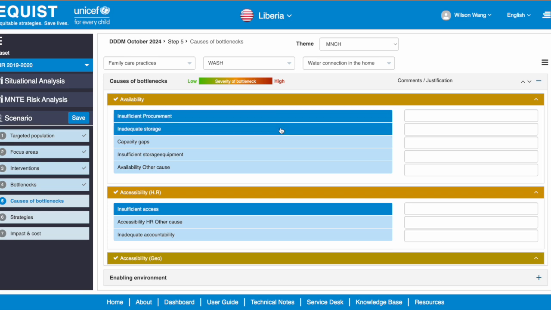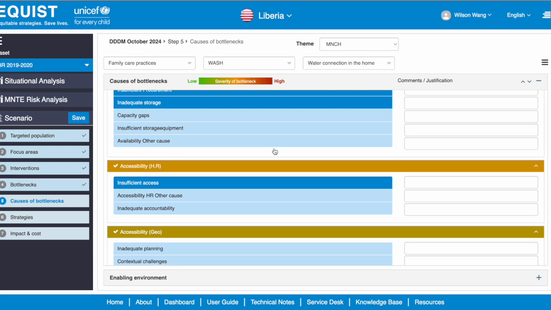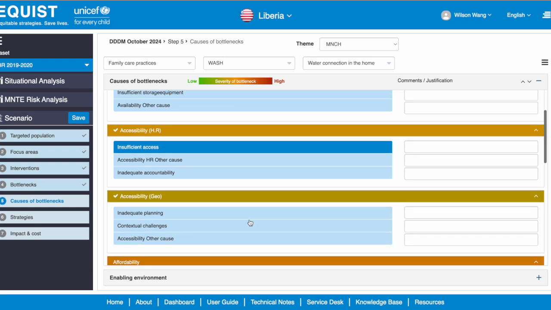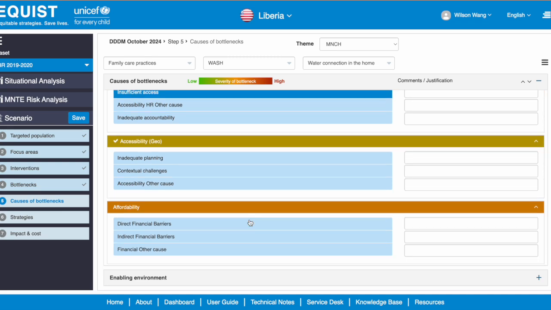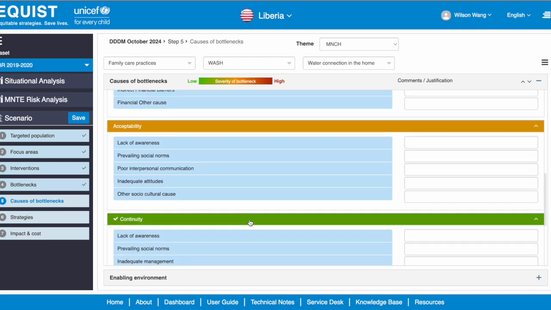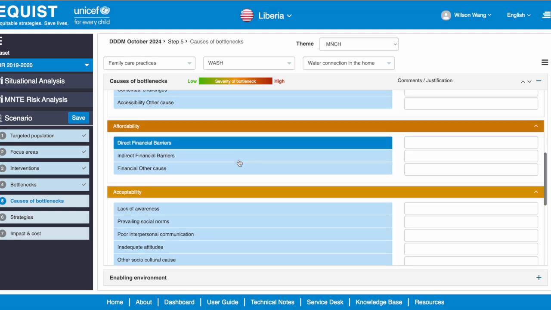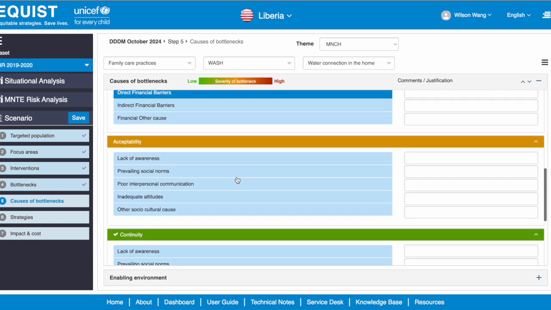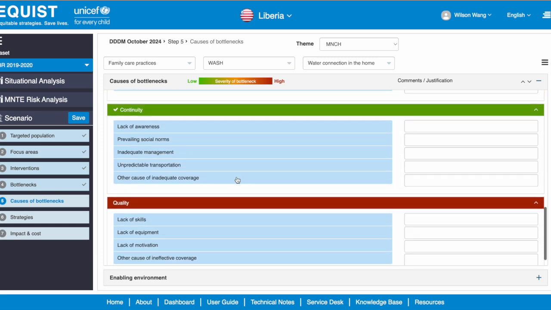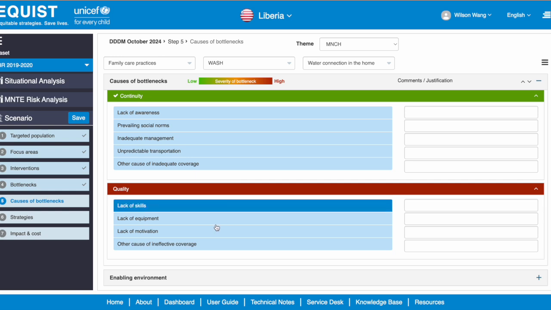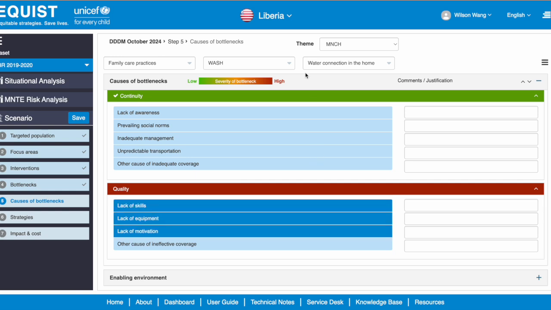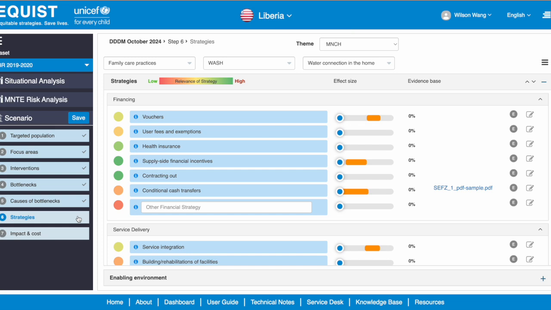So your intervention is not only to do the thing that you want to do, like build the drains or pipe in water, but you have to address what would be those challenges specifically that get in the way of that, such as no one's managing the pipes, or there's no security on the pipes, or the roads are rough. Here, I'm clicking, hey, I want to focus on skill building, and so that's going to increase the coverage for quality.